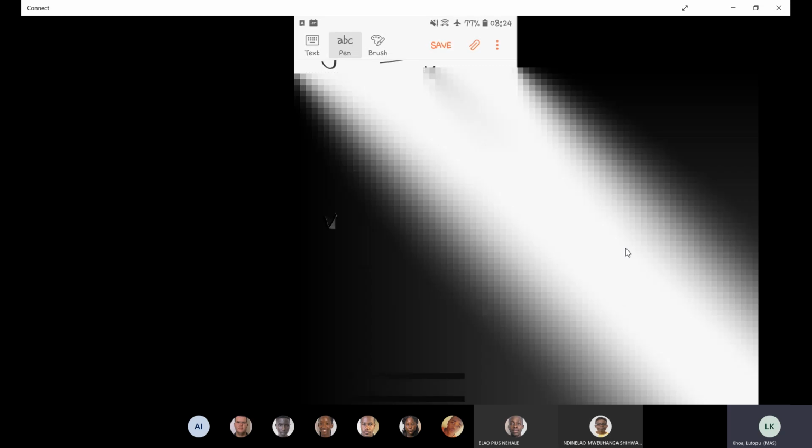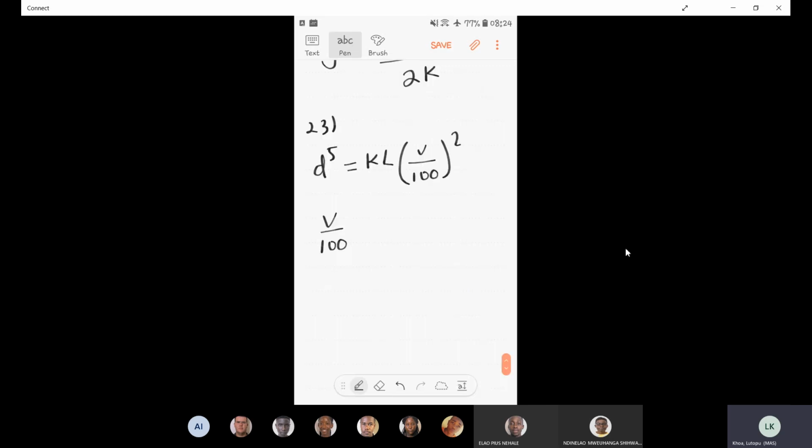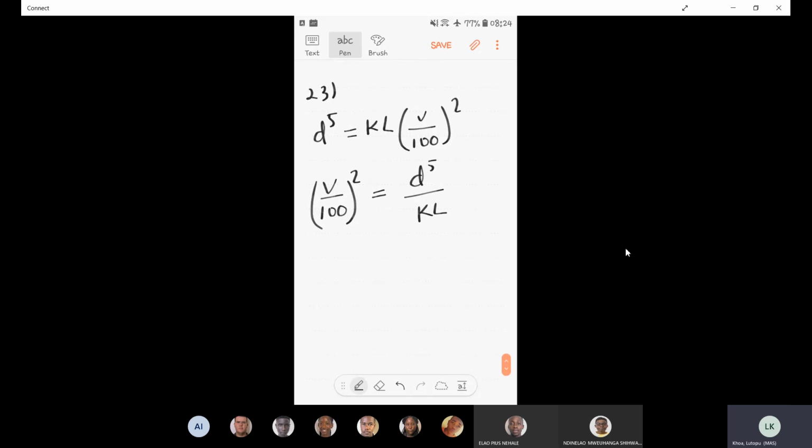So we have v over 100 squared equal to d to the power of 5 over KL. Then you take plus or minus the square root on both sides. So v over 100 is equal to plus or minus the square root of d to the power of 5 over KL. And then you multiply by 100 on both sides.